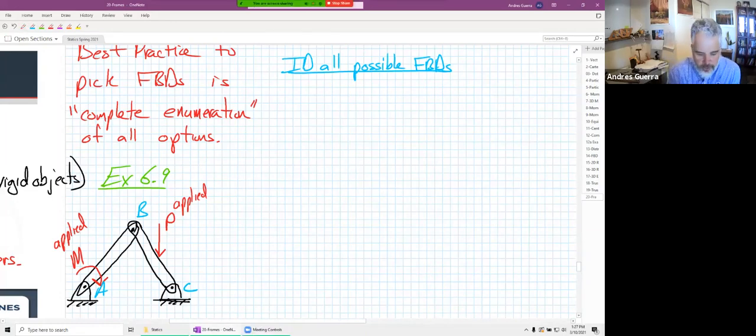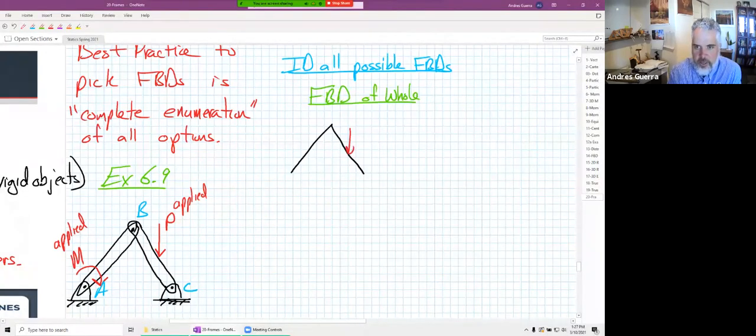So let's look at, to start with here, why don't we do an FBD of the whole? And so when we do an FBD of the whole thing, what we're talking about is we leave stuff intact up there at point B. We've got our applied loads here of a P and an M over here, and I don't really care exactly where M is applied.